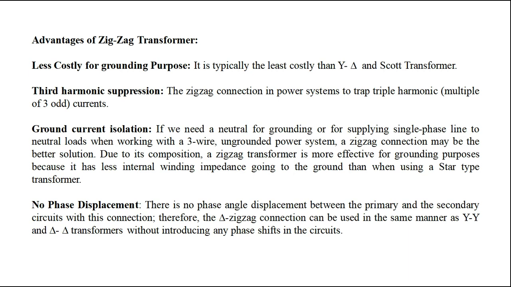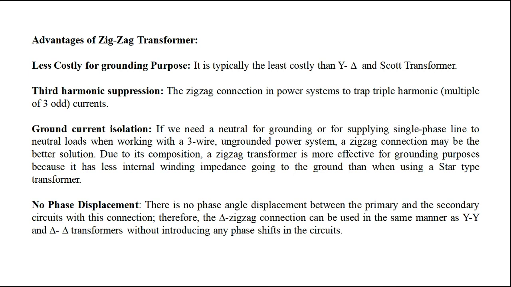The second advantage of the zigzag connection is that you can reduce the third harmonic component which is flowing in the load side. Then the third advantage is ground current isolation. It is also possible from this zigzag connection.